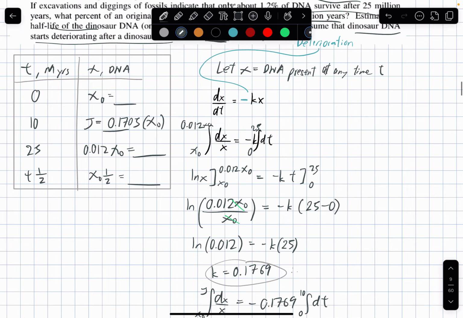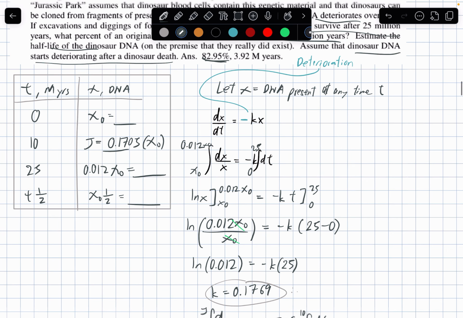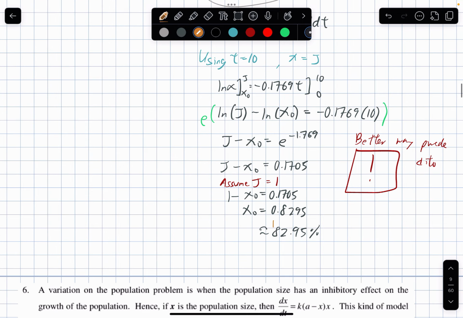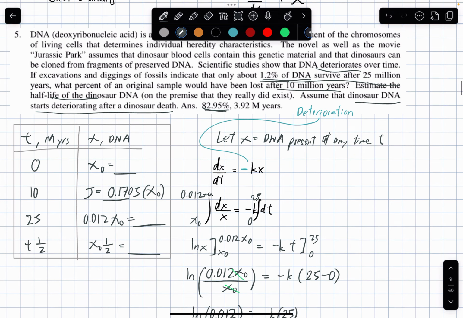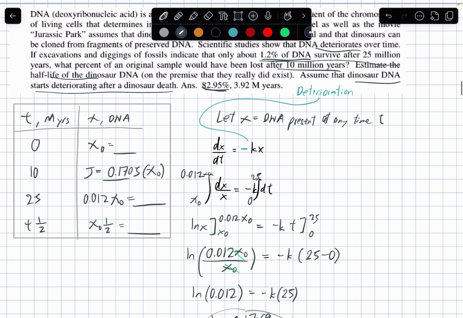Okay, so now that we were able to find our first answer, this is the percent of Exabo lost after 10 million years. That's our first answer. Second, we have to estimate the half-life.